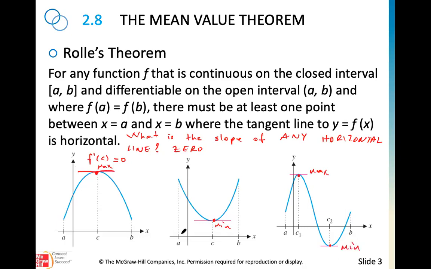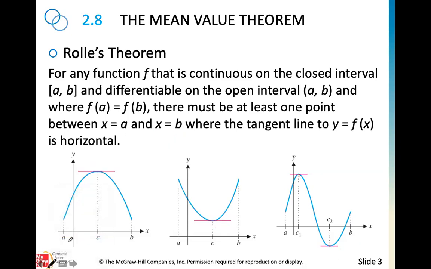Any questions till here? Max, min? No. Now, what does Rolle's theorem say from the beginning? If you have a closed interval from A to B, and your function is continuous and differentiable there, then there must be minimum one number between A and B such that f prime at c is equal to 0.